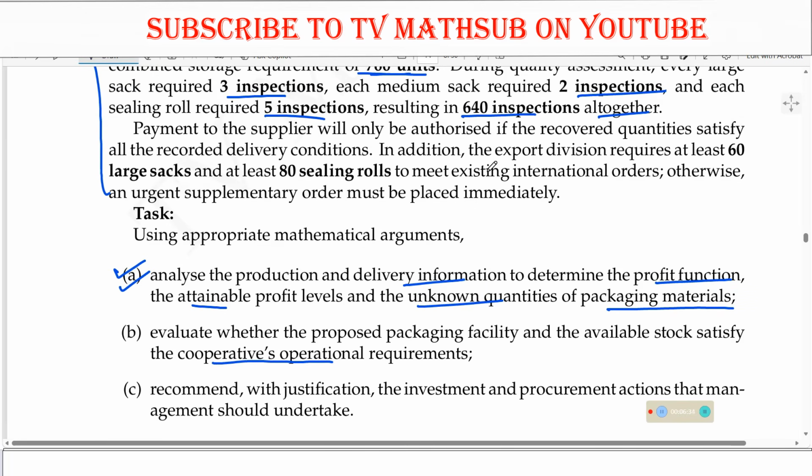Remember, the requirements are that the export division requires at least 60 large sacks and at least 80 ceiling rolls. So we need at least 60 large sacks, that is more than or equal to 60, and at least 80 ceiling rolls, that is 80 and above.